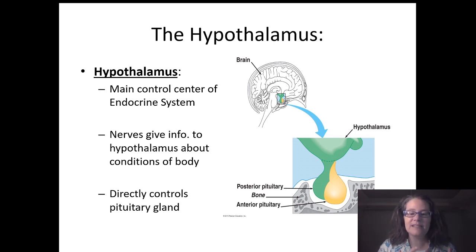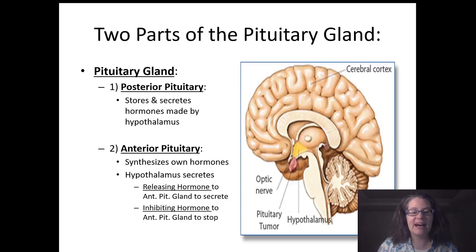The hypothalamus controls not only the pituitary that is connected to it inside of your brain, but also a lot of the different glands under it. So it is almost like a master gland of the human body and helps us regulate our body.